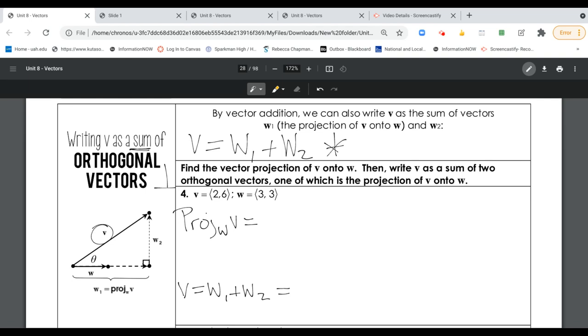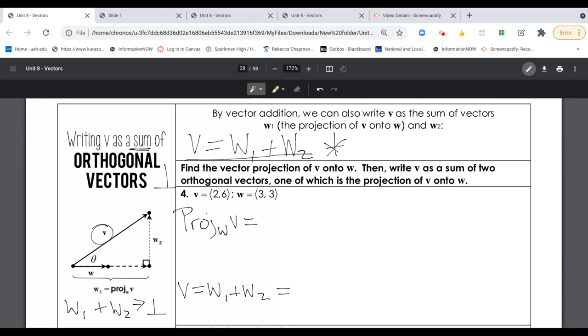So if you notice, W1 and W2 are perpendicular with each other. This is what we're going to do: we're going to break down vector v into two different vectors using vector addition, so that vector 1 and vector 2 are orthogonal, or perpendicular, to each other.